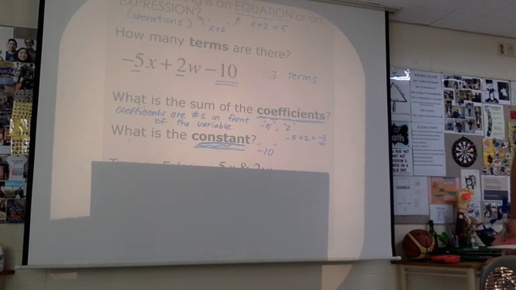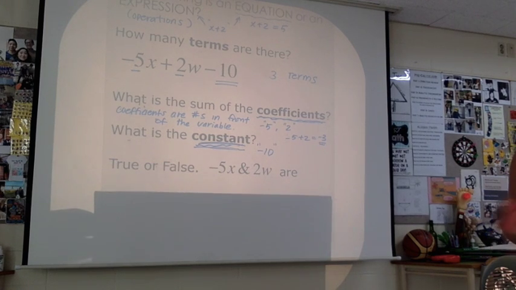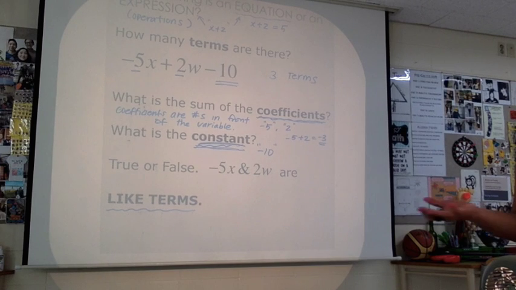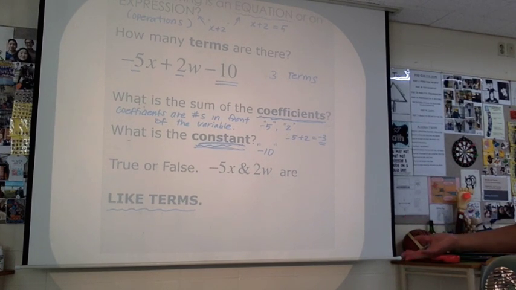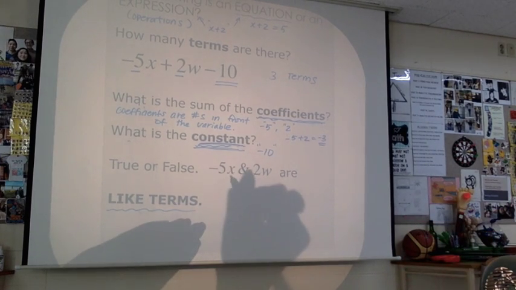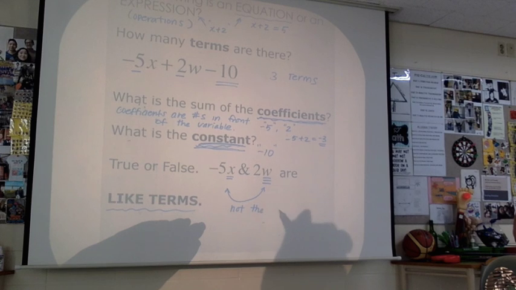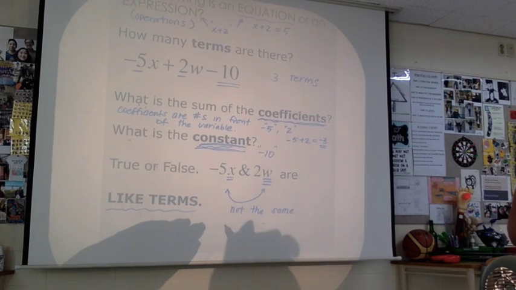All right. I'm sure you're rolling your eyes right now, right? Now, true or false? -5x and 2w are like terms. Here's another definition word, like terms. What makes something a like term? Like terms must have the same variable. Are these the same? Not the same.